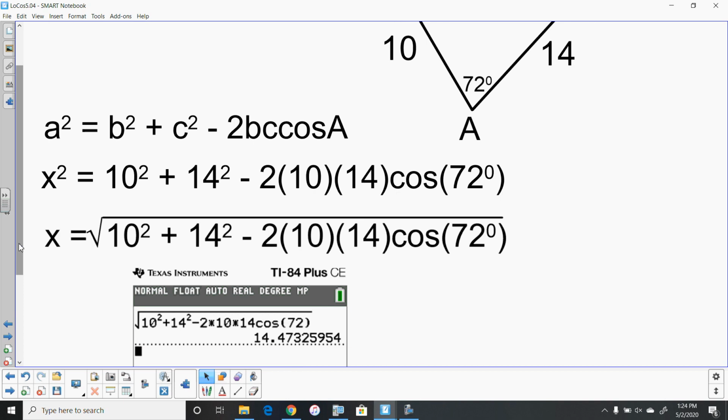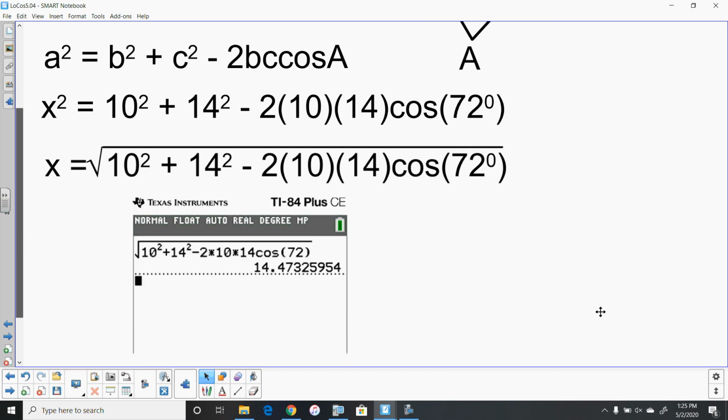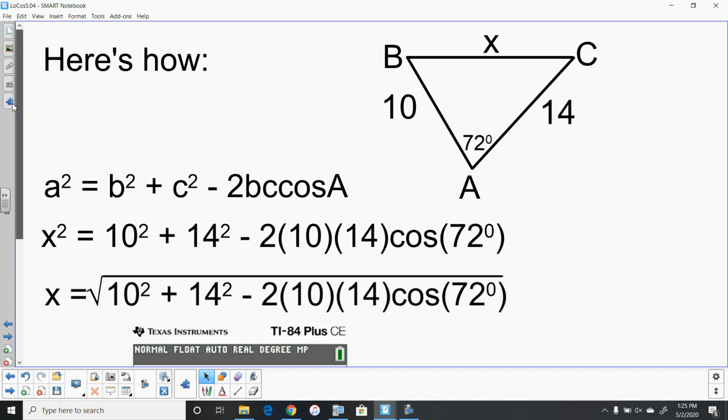So for my final answer, I'm going to get x equals about 14.47 for my side length. I don't know if I had units in here or not. I did not. Now looking at the triangle, the other two angles have to add up to 108 degrees.